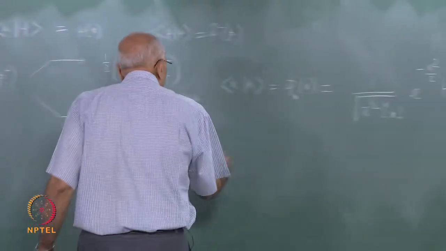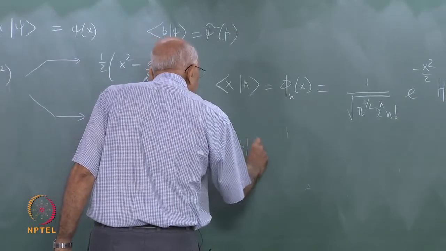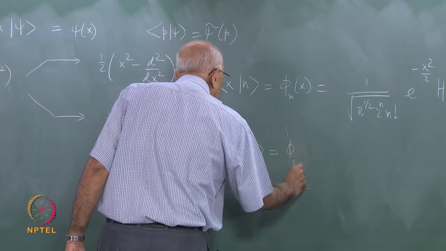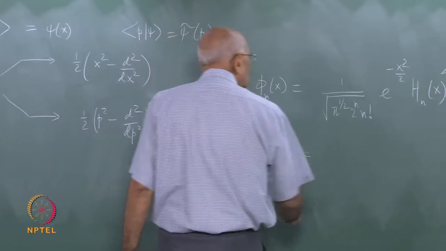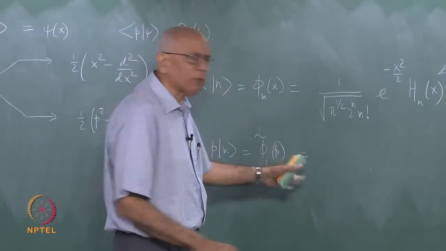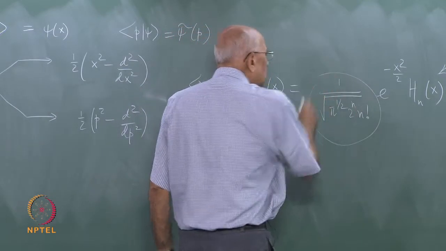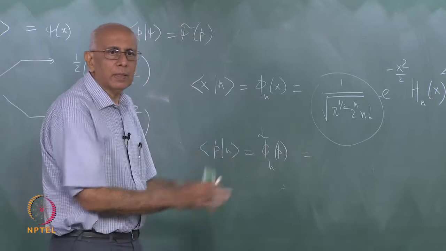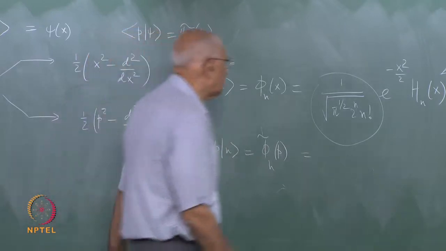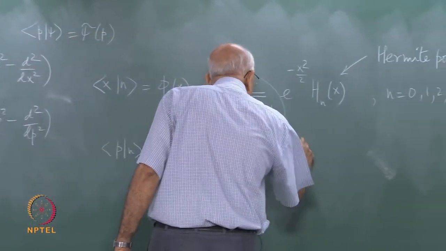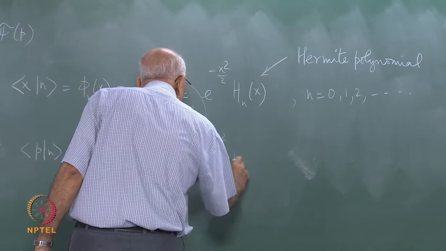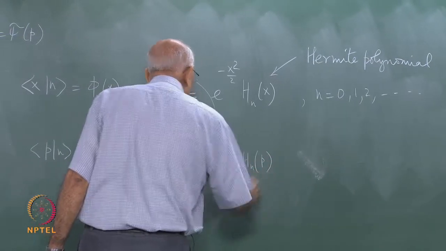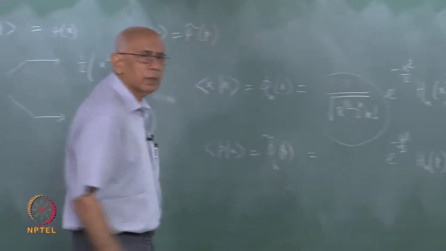Now, phi n tilde of P is equal to, apart from a factor which we are not interested in at the moment because it is just a normalization factor, e to the minus x squared P squared over 2 times Hn of P, times some factor.